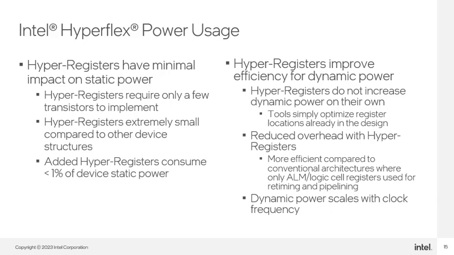The use of the hyperregisters proves to be more efficient than using the ALM registers when implementing optimization methods such as retiming and pipelining. Keep in mind, though, that through these optimizations, the hyperregisters do enable designs to run faster, and that increasing the clock speed of a design causes dynamic power consumption to scale with that increased frequency.